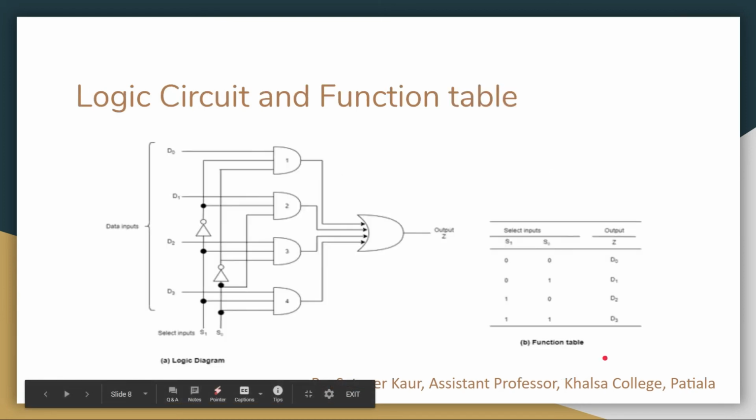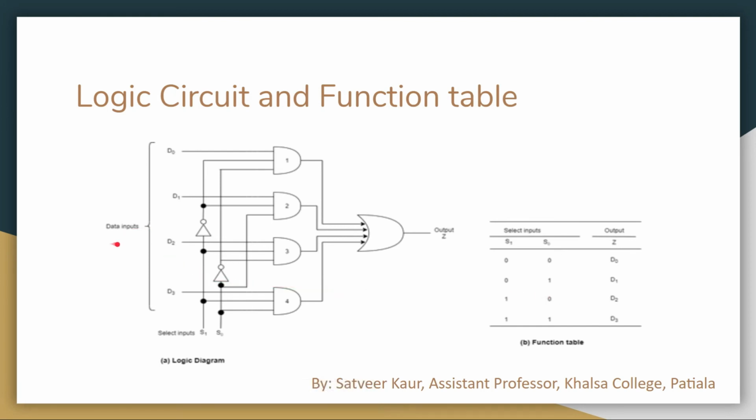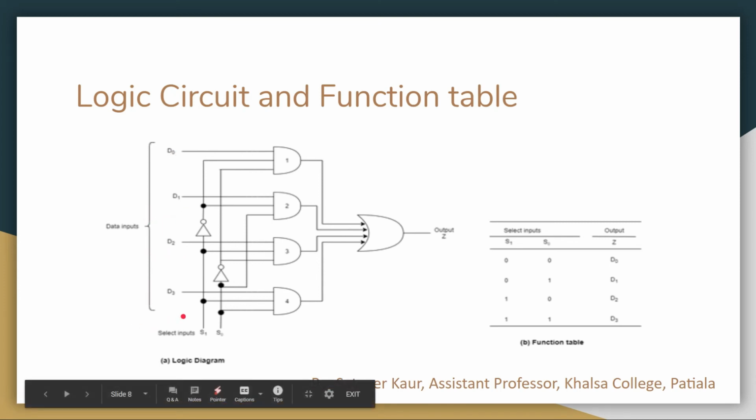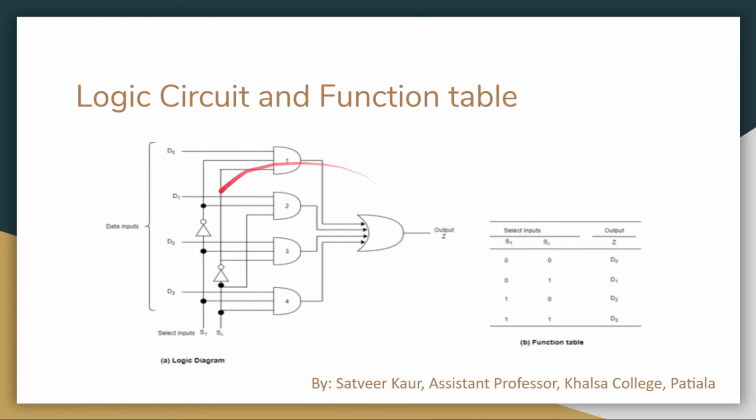Let's see its logic circuit and function table. These four are the data inputs D0, D1, D2 and D3. These two, S1 and S0, are select lines, and as per this function table this logic circuit works.